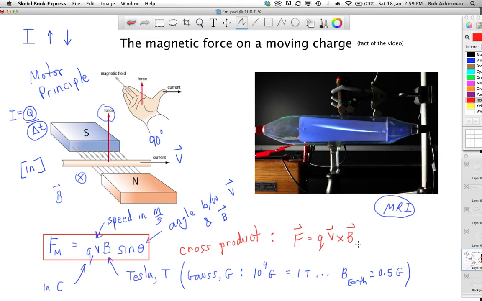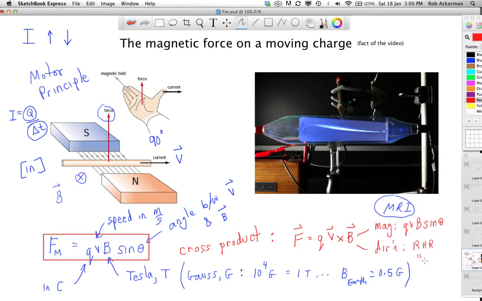This is a right-hand rule calculation, where you will get the magnitude of a cross product being equal to the magnitude of the individual vectors multiplied times the sine of the angle between them. And the direction, of course, you do the right-hand rule.